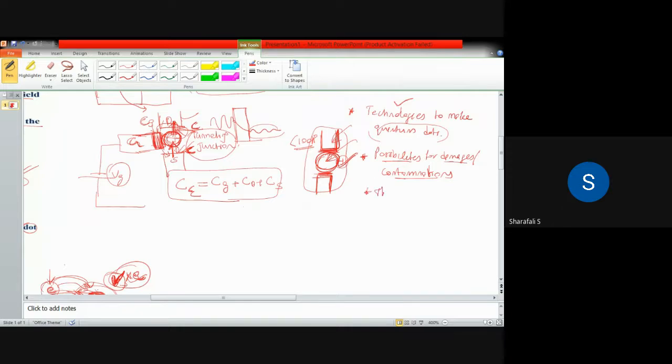So the technique, meaning the device that we are making, must be reproducible.